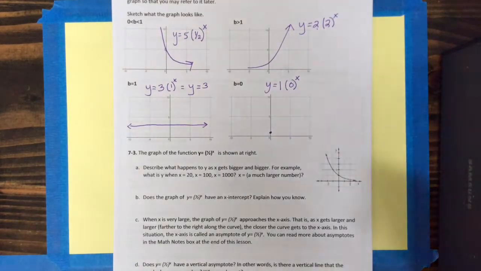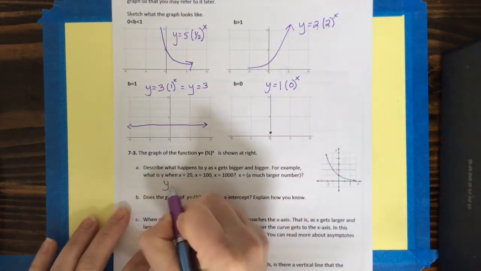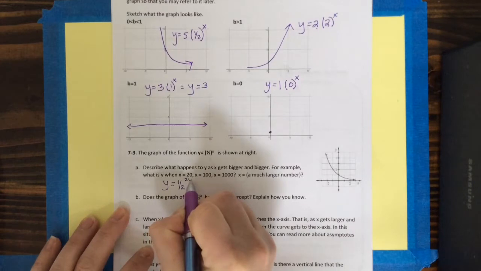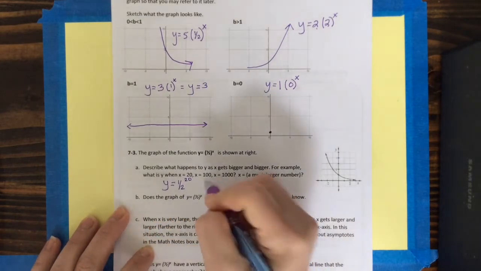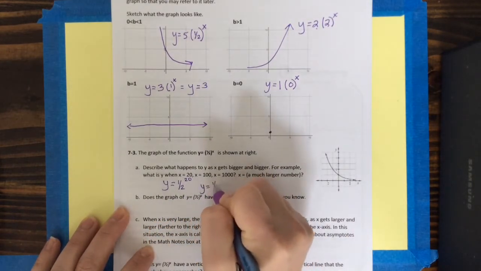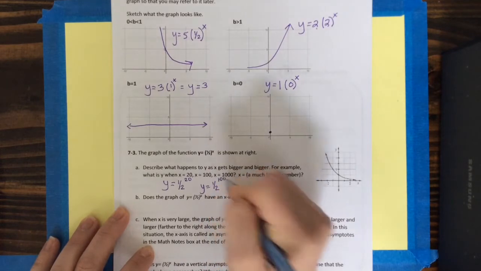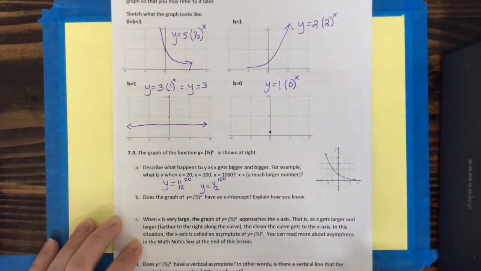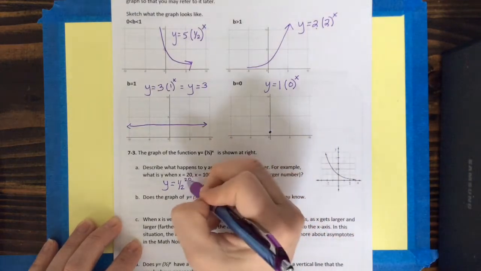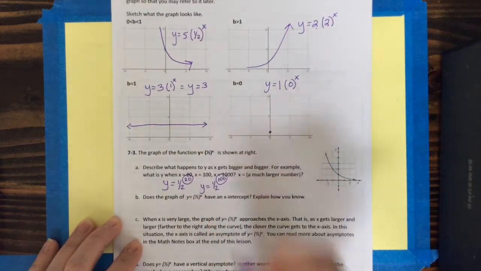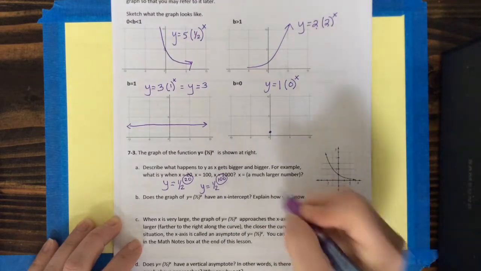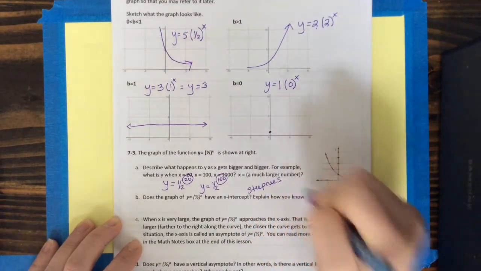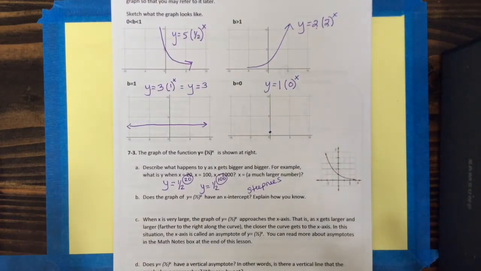If I were to write this out, y equals 1/2 to the 20th power, or y equals 1/2 to the 100th power, or any larger and larger number. The larger this number is, the steeper it is. It changes the steepness, how quickly it increases or how quickly it decreases.